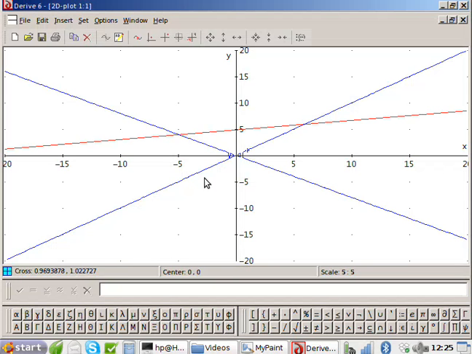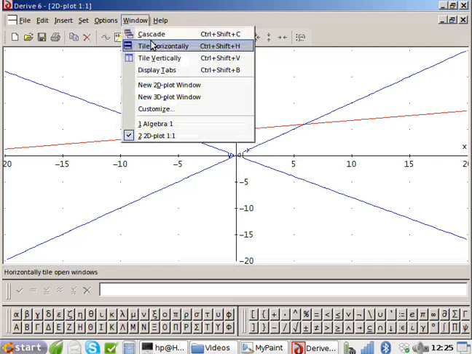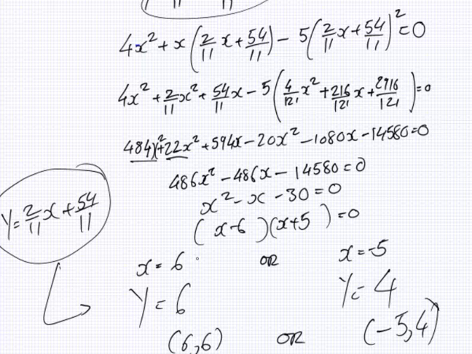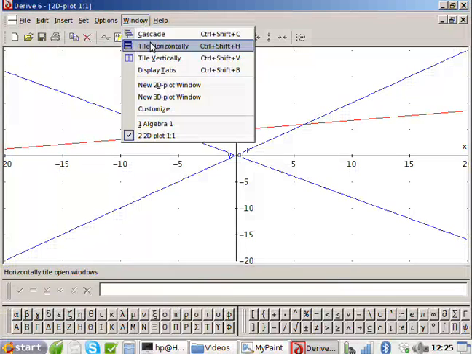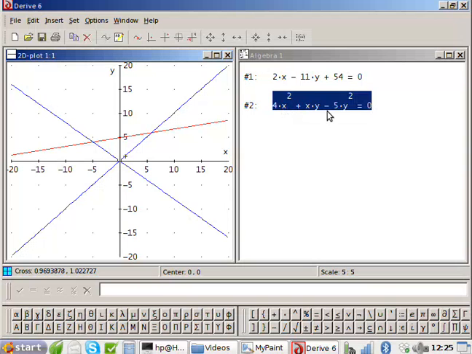Now when I made these questions, I made them on purpose to have a simple answer. So do you think we can divide by a number here? 486. I wouldn't be surprised. 14,580 divided by 486 goes exactly 30 times. Yes. So there are two values here, a 6 and a 5. So you get x equals 6 or x equals minus 5. Now, that's not finished. We have to go back up here to get the y.